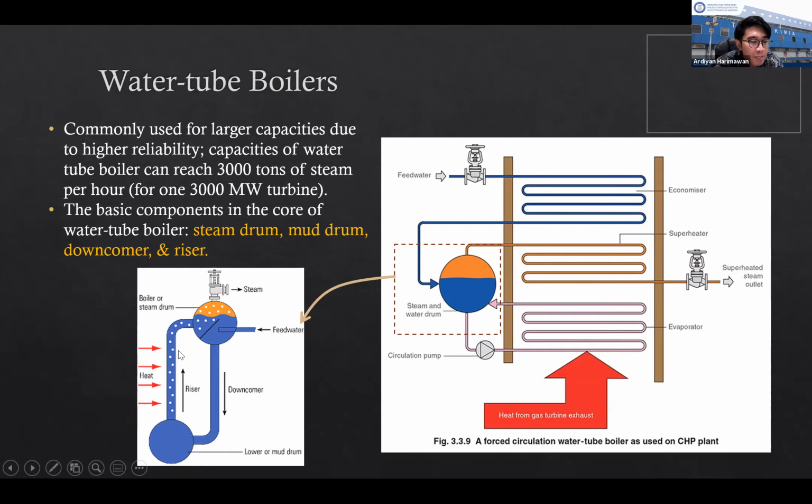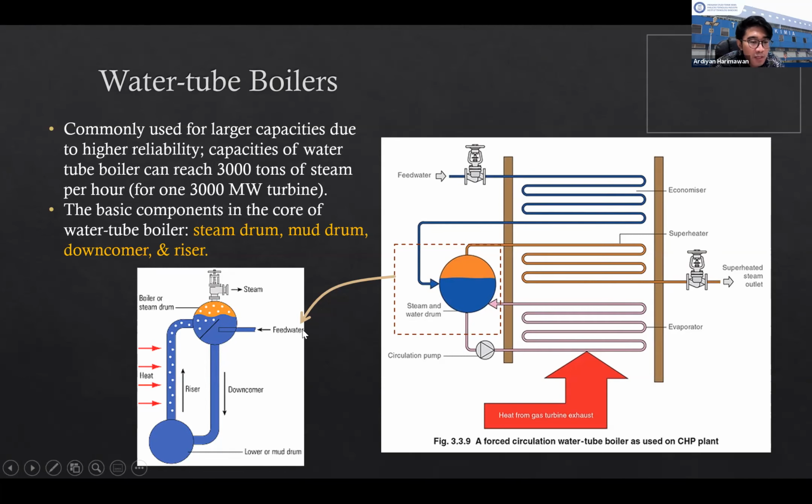So basically, in one part, heat will heat up the water, and because of the vaporization process, boiling happens. So the water flows up, and in this steam drum you will have two phases of water. One is still in the liquid phase, and one is in the steam phase.